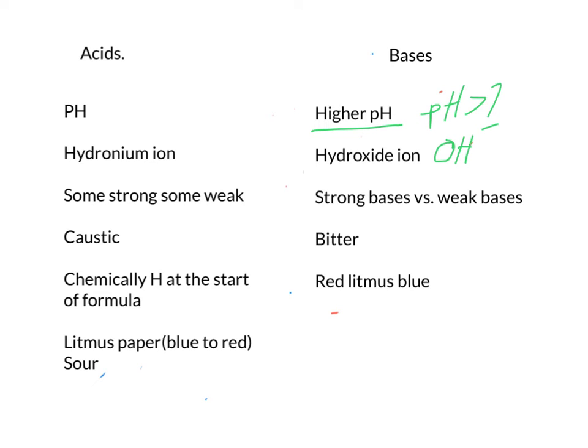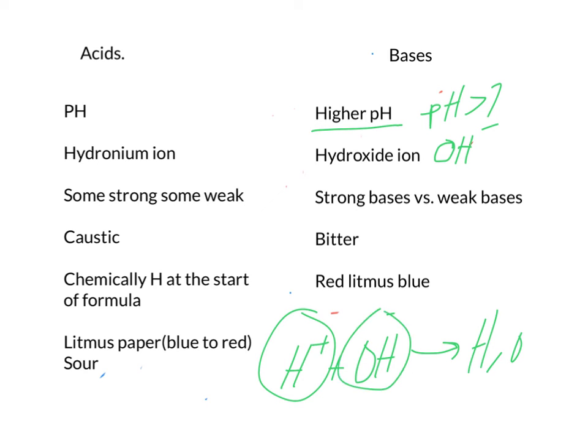If you take a hydronium ion, H+, and a hydroxide ion from a base, OH-, they will react together to make H2O. That's why acids and bases neutralize each other. But that's for another day.